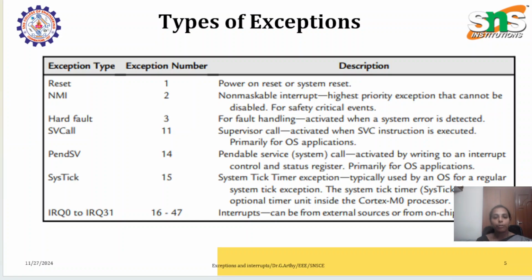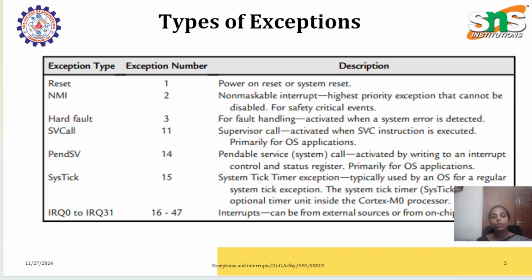Next is hard fault, for fault handling, activated when a system error is detected. Then comes the SV call, the supervisor call, which is activated when the SVC instruction is executed. Primarily, it is used for OS applications, and similarly for pending services or systick timer exceptions or interrupts.